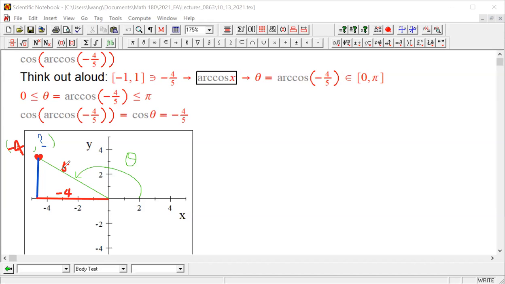So this is 3, but we don't need to know this at this point. In your calculus class, or in our class, sometimes you need to know this. So 3, 4, 5 is commonly used for non-special angles. And the other non-special triangle I would say is 5, 12, 13.